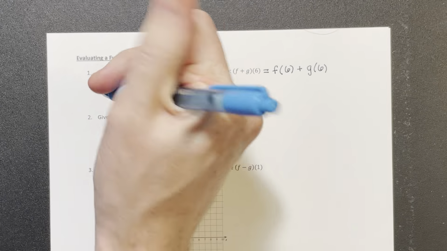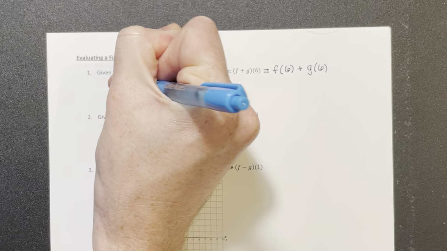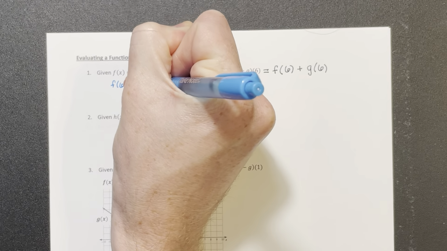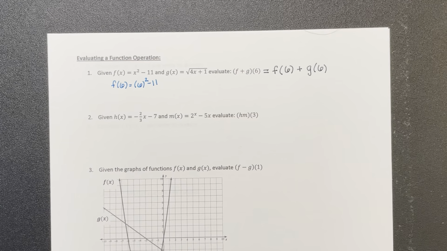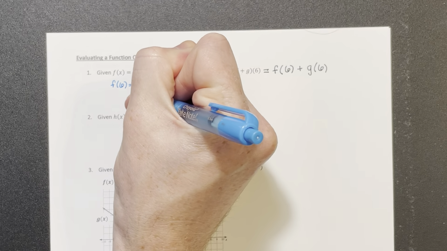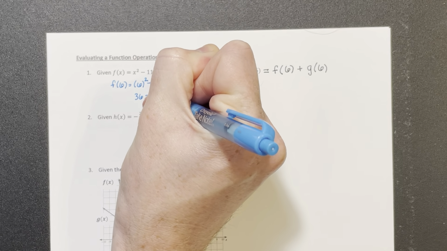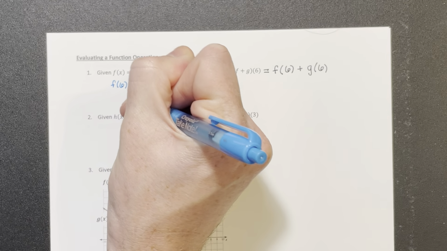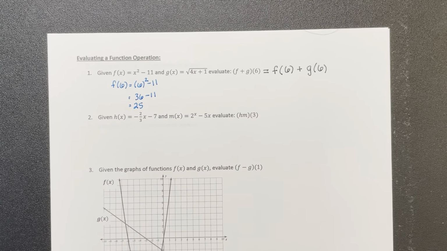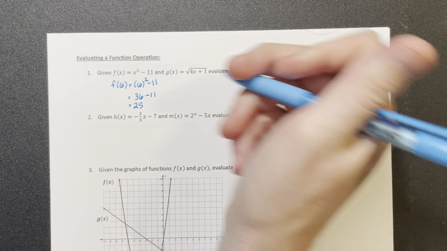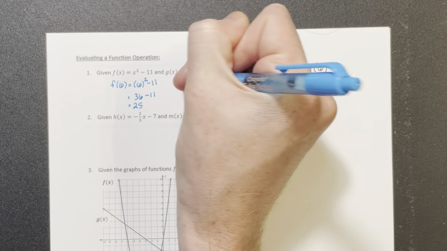I'll do that f of 6 first to get 6 squared minus 11. That's 36 minus 11, which gives us 25. And then we plug in g of x, or sorry, g of 6.